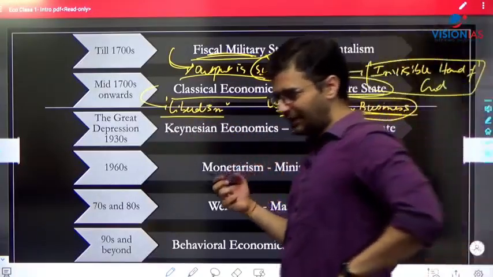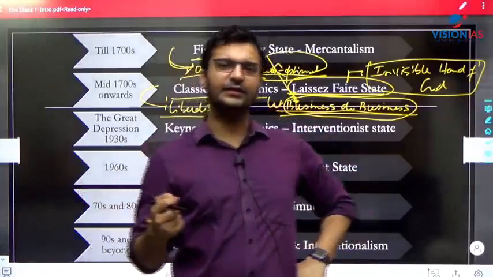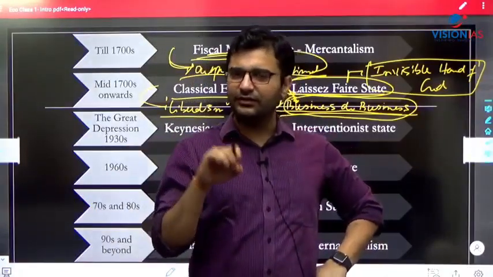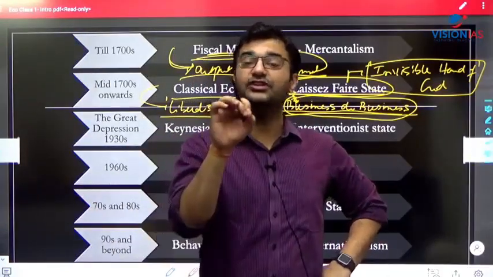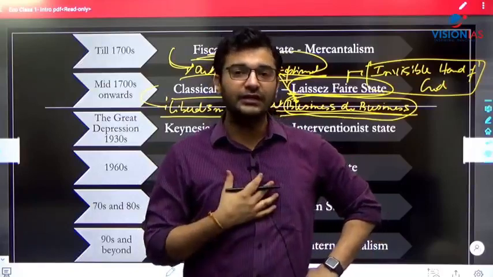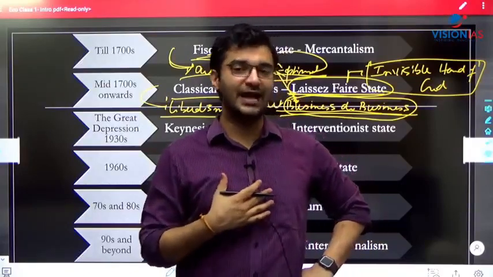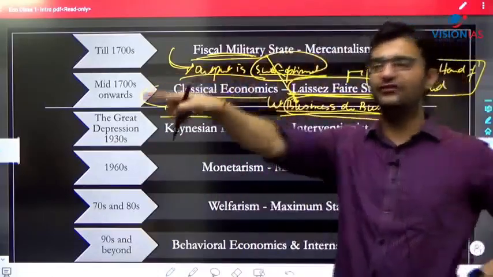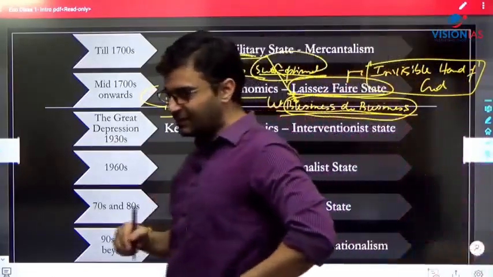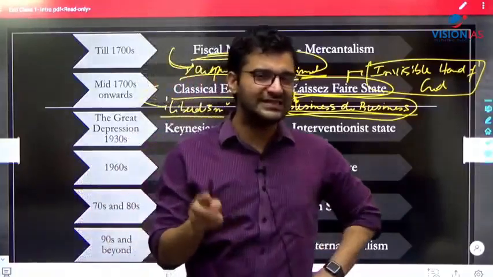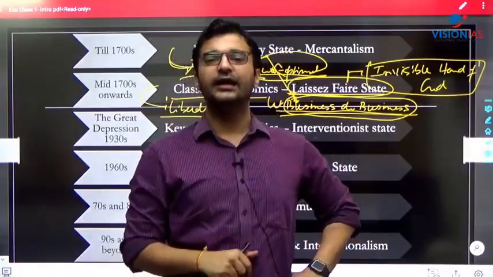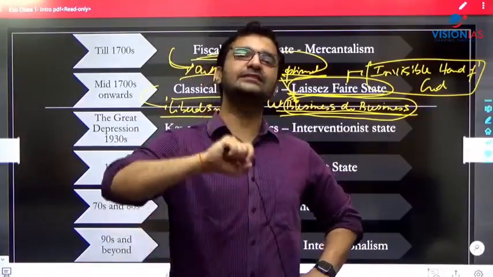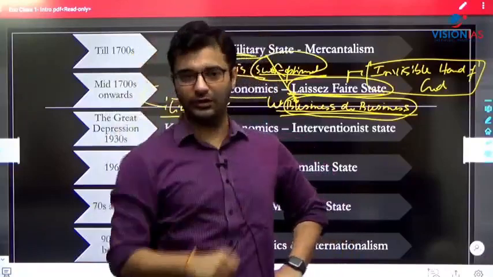Invisible hand of God means here that if everybody works selfishly, I am working in my own self-interest. I am a selfish person. I am working in my own self-interest, and so are you, and so is everybody else. If everybody works in their own self-interest, it would produce the best outcome for the society as a whole.